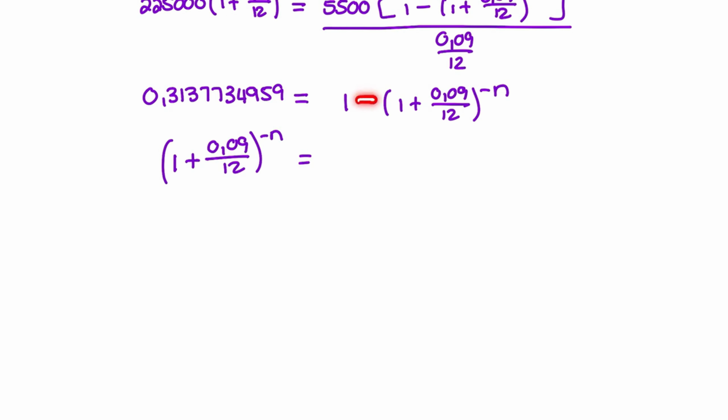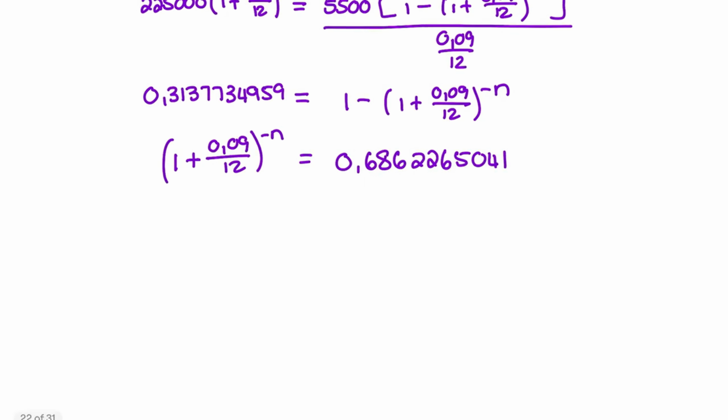Notice it was negative on the right-hand side, but on the left it will be positive. And now it's 1 minus 0.31, which leads to 0.686. Again, I'm keeping all the decimal places up until my final solution.